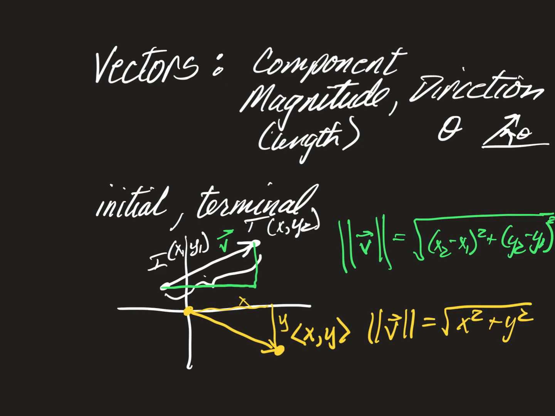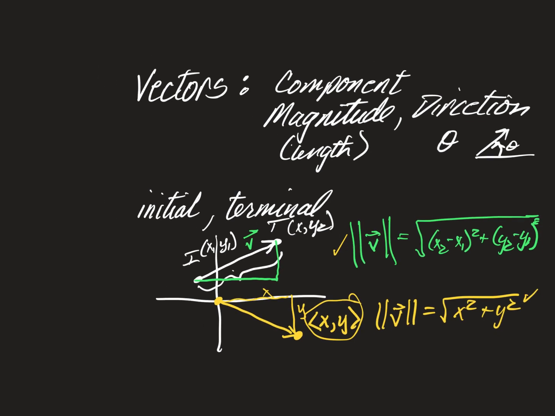And if you want, you can think of that as x minus 0 squared and y minus 0 squared, because the initial point is 0, 0. So if you have a component form vector, this would be the magnitude. But this is the overall formula that works in all cases, whether it's in component form or it's given as initial and terminal point.